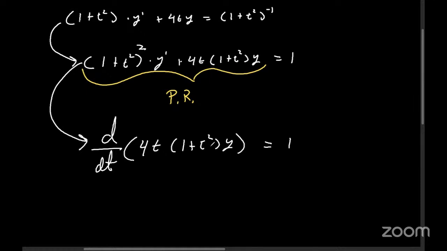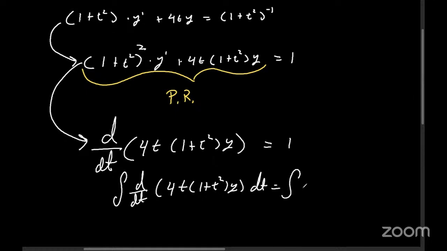All right. Now, if we do the integral on both sides, that relationship should still hold true. And this is just going to pop out, and then we can solve for y.